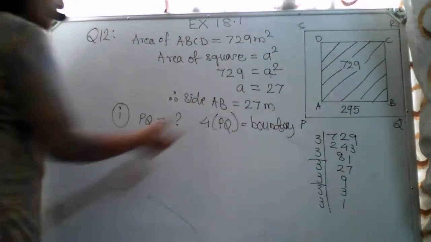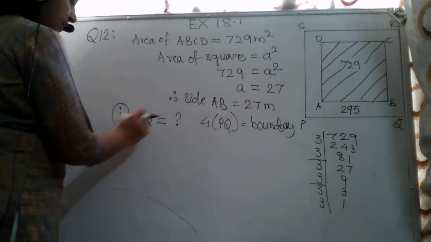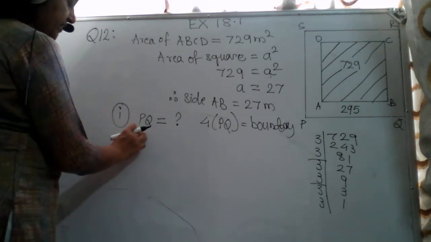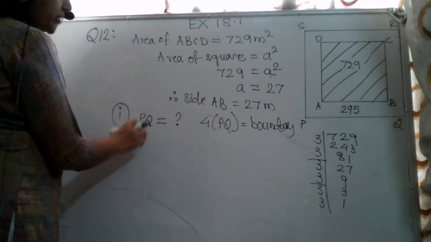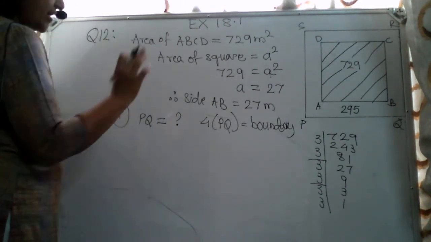For this I have to find the length PQ. How will we find length PQ? I told you, you should be knowing the area of PQRS.